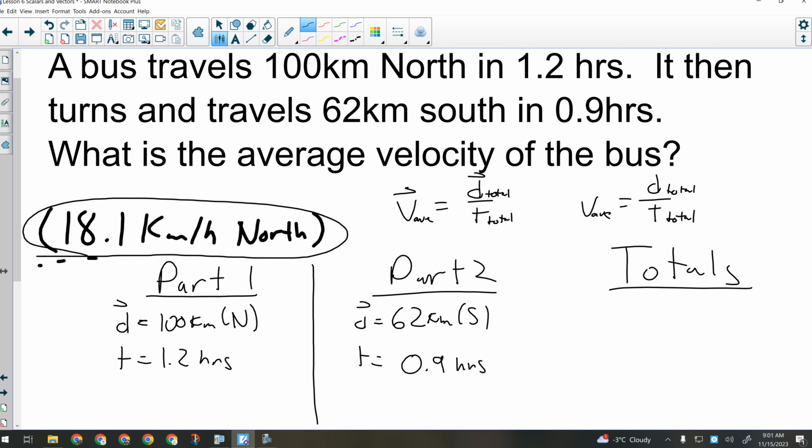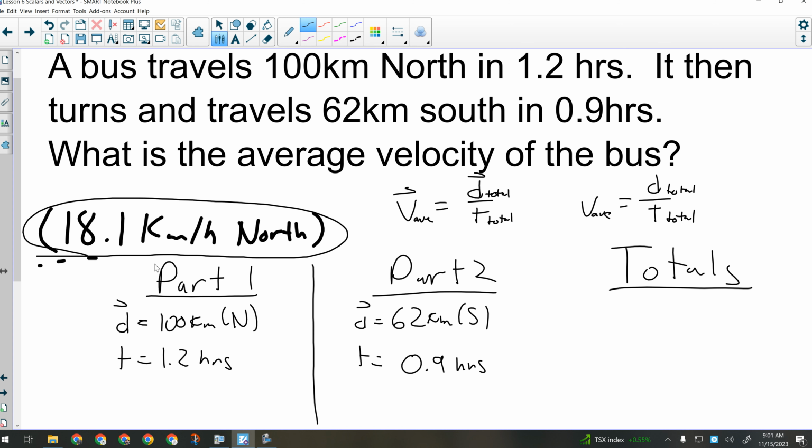Is south negative north? Right. So when we do something called vector addition, we never do vector subtraction. It's always vector addition. And the way you add vectors together is you say that direction is positive and that direction is negative. That way I can represent those directions mathematically. Okay? Everyone kind of follow me there?